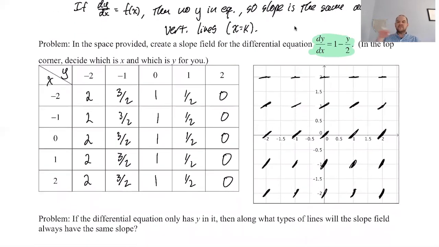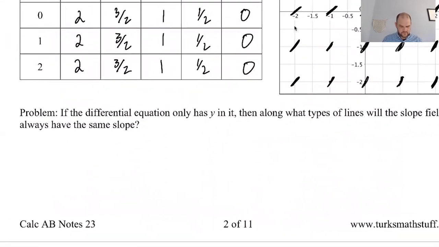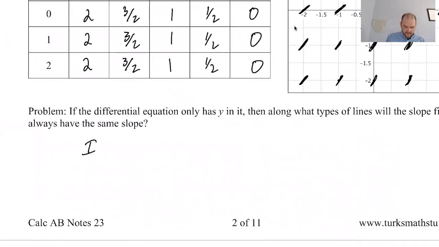So along horizontal lines, slope is always the same. Why is that? There is no x anywhere in the differential equation. So we can say if dy/dx is equal to a function of y, so I'm just going to say f of y, right? You might say g of y. Some people do that, but there's nothing sacred about f and x. They don't have to go together. It could be f of y, not a problem.